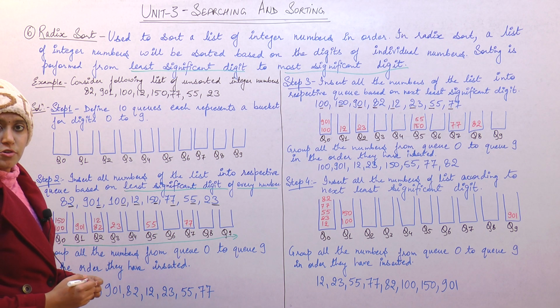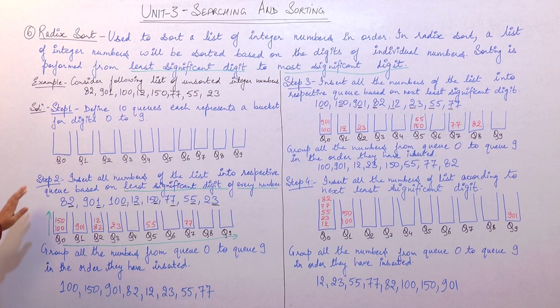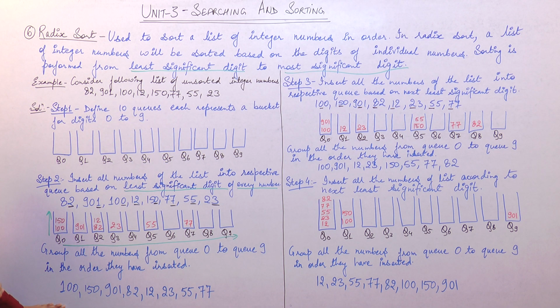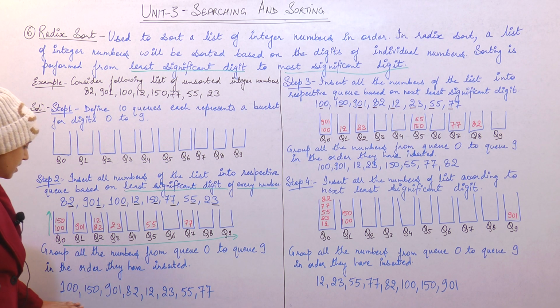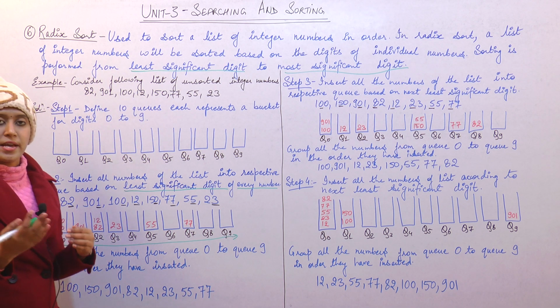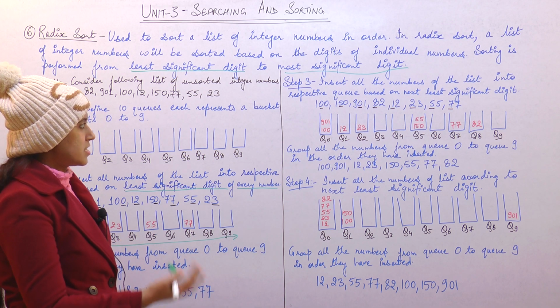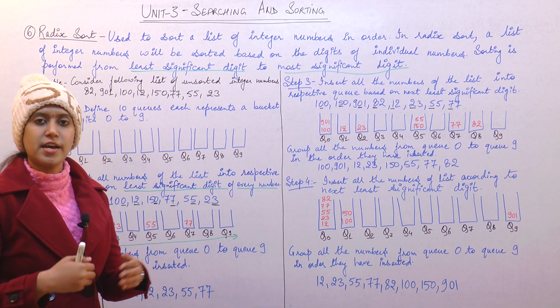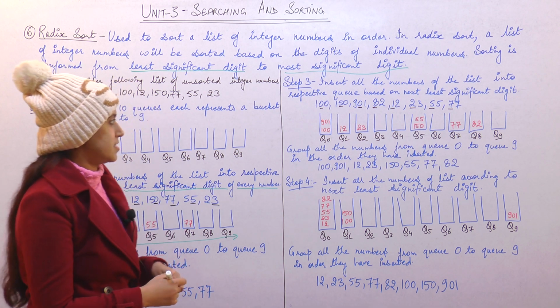Now after step 2 we got this list of unsorted integer numbers. This list will be further inserted in the next list of Q0 to Q9 according to the next least significant digit.